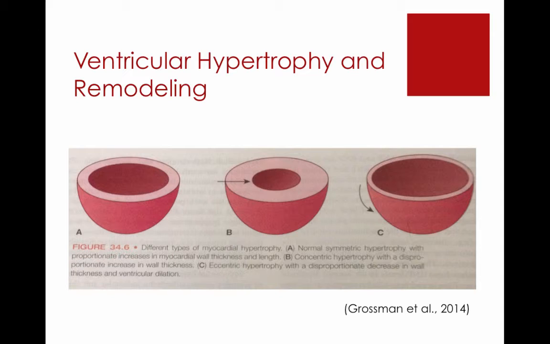So there's a greater systolic contraction, but there's also less volume in there for diastole. So there's less filling, less blood being pumped out. When we look at diagram C, eccentric hypertrophy, it shows a very thin wall.